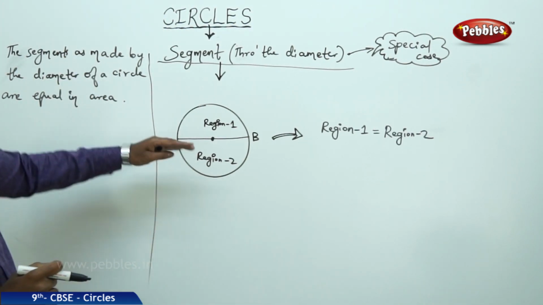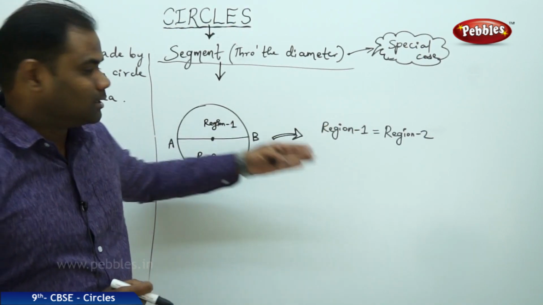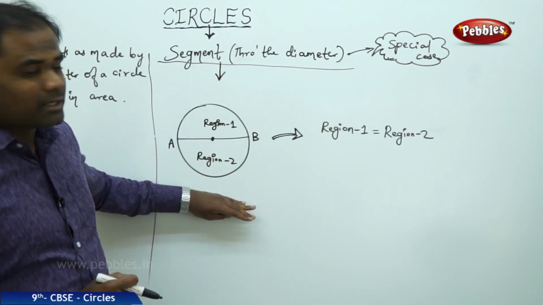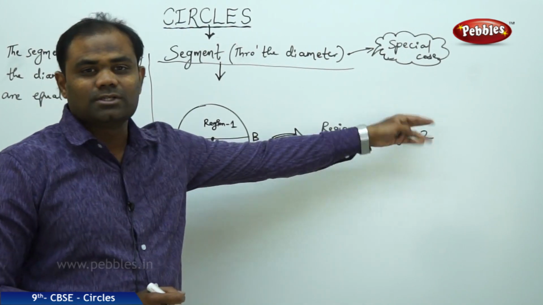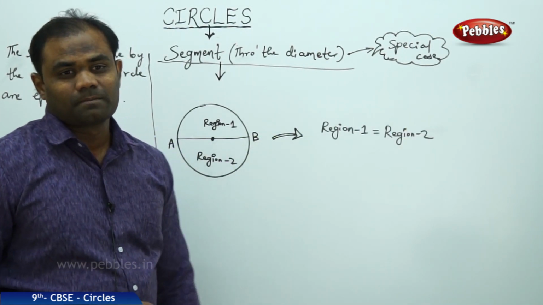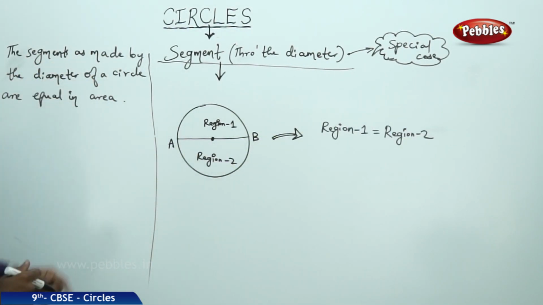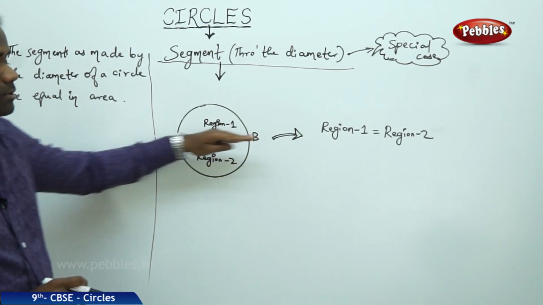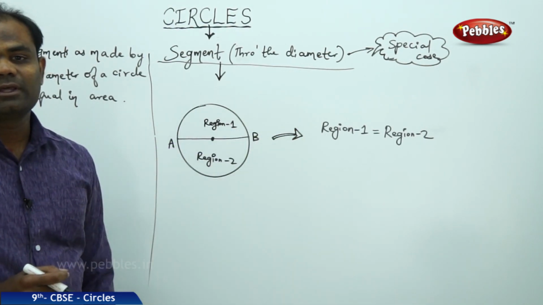Therefore, the segments as made by the diameter of the circle are equal in area. That is, area of region 1 is equal to area of region 2. That is how we understand the segments when connected with the diameter AB.